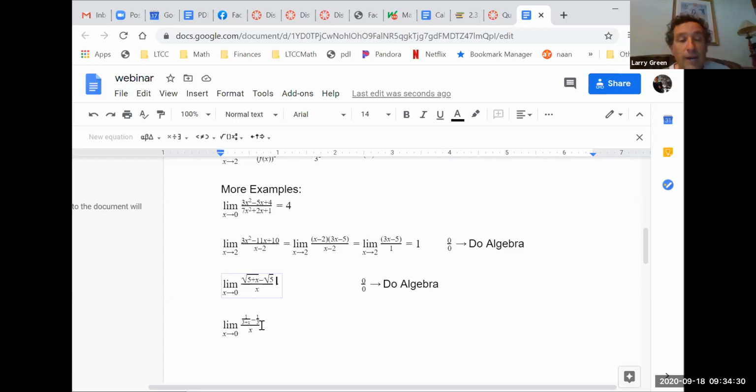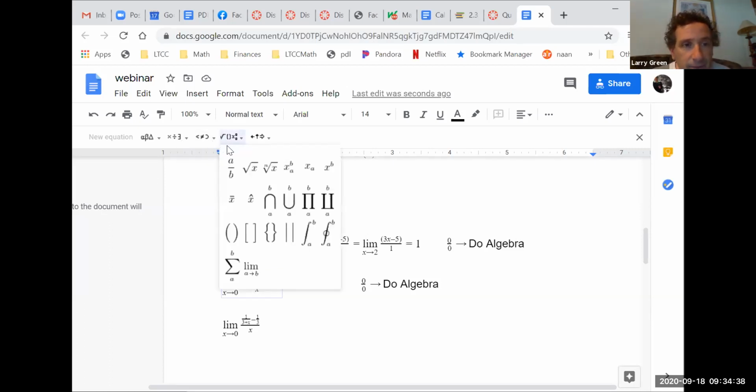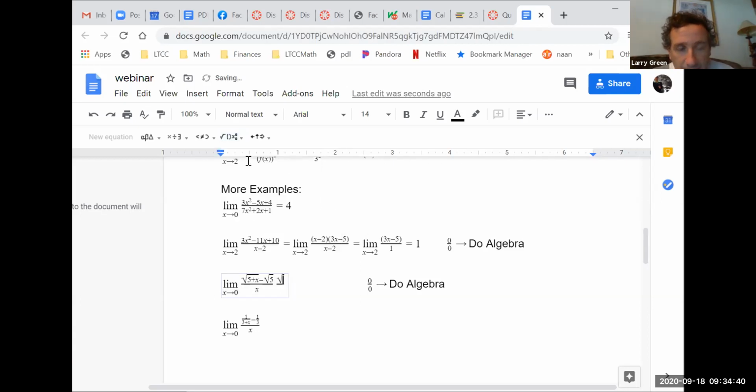Exactly. So what I'm going to do is multiply the numerator and the denominator by A plus B, or in particular, by root 5 plus x plus the square root of 5.